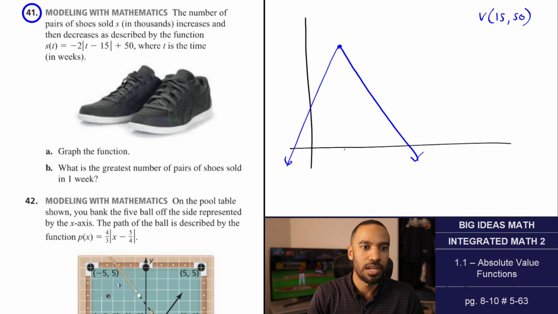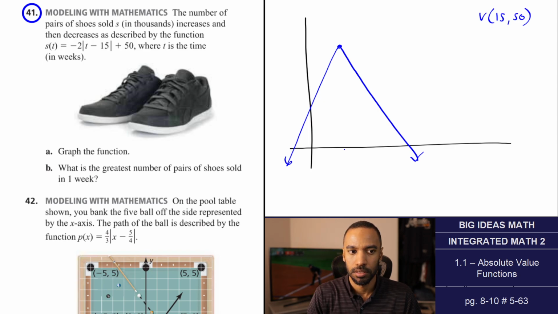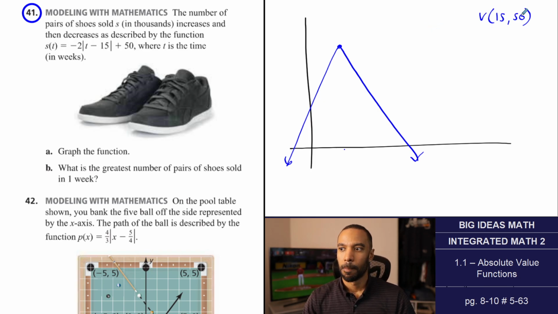What is the greatest number of pairs of shoes sold in 1 week? After 1 week or in 1 week? Okay, in 1 week. It's where you maximize it. So they're asking for the vertex value, right?